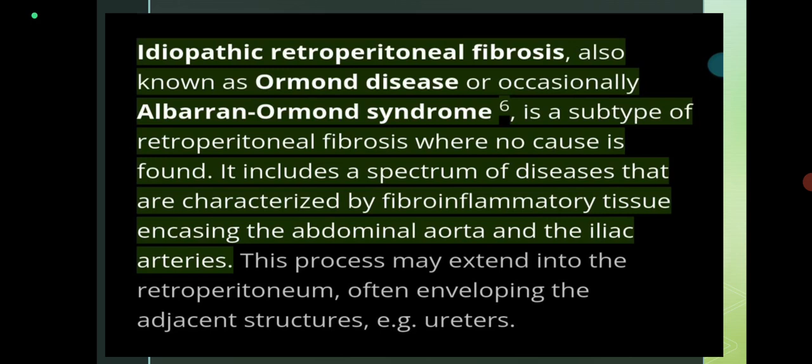It is characterized by a fibro-inflammatory tissue encasing the aorta and iliac arteries. It may extend into the retroperitoneum, often enveloping the adjacent structures, for example, the ureter as we see in our case.